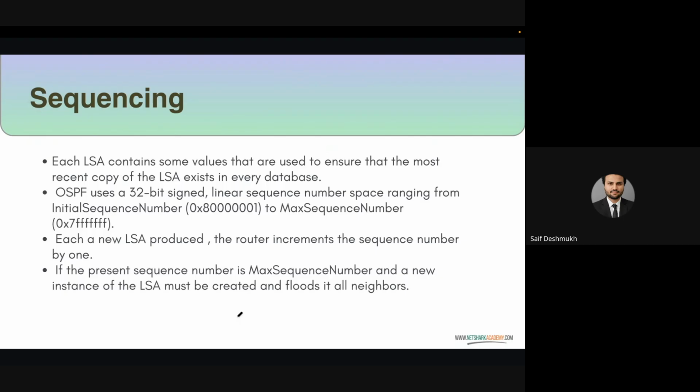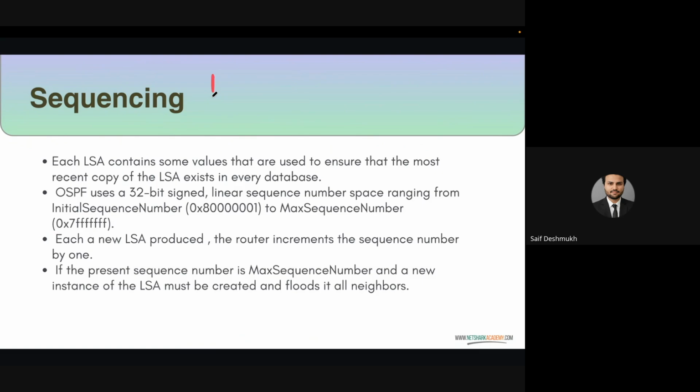Now, each LSA, 1, 2, 3, 4, 5, 6, 7, 8, or whatever the LSAs are, is going to have a sequence number. Each LSA is going to contain these values, and that's how they know. I'm not talking about age, okay?